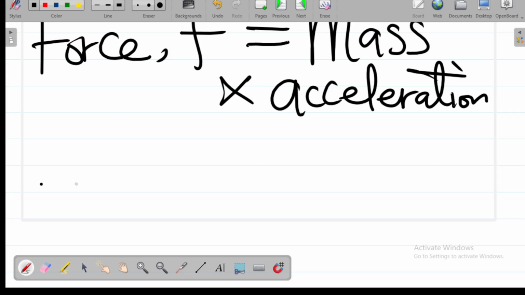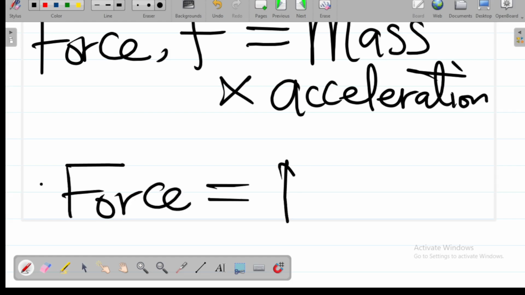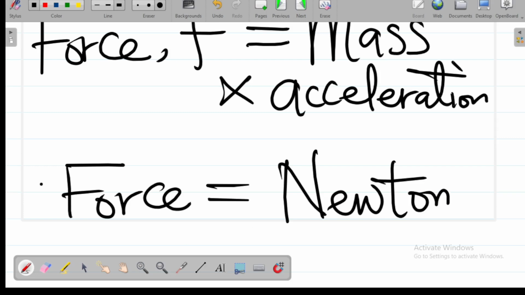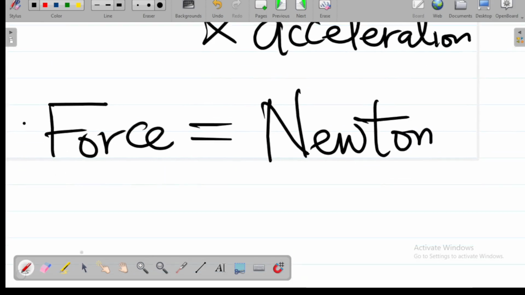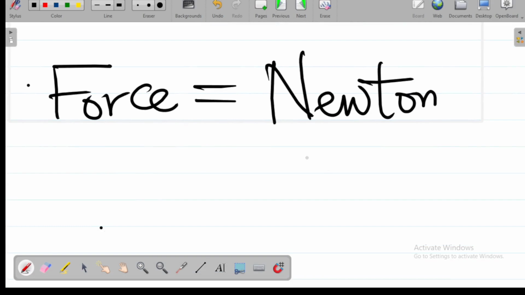The derived unit for force is Newton. Newton can be written as capital letter N.